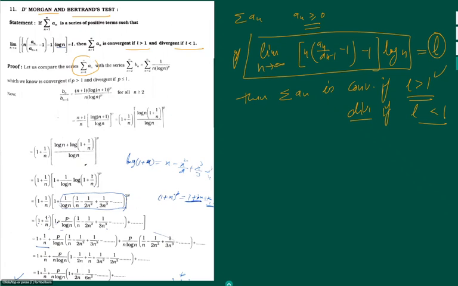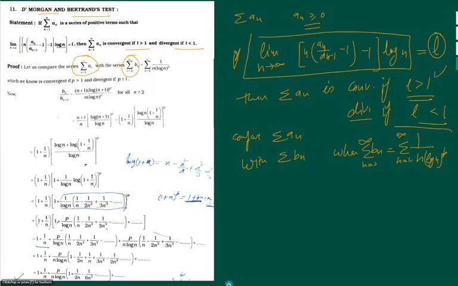We compare the series An with the series Bn. And what is the series Bn? Where Bn is equal to 1 over n log n raised to the power p, where n varies from 2 to infinity.